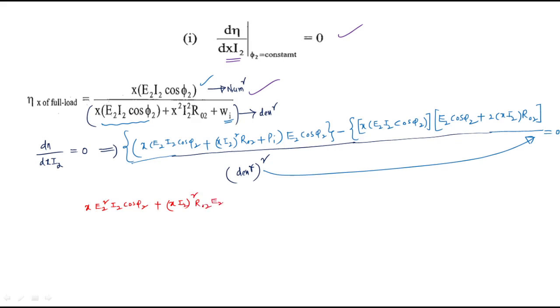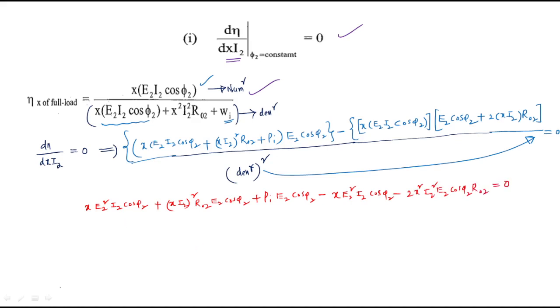r02 e2 cos phi 2 plus pi e2 cos phi 2 minus, you have to get x e2 square i2 cos phi 2 and then minus 2x square i2 square e2 cos phi 2 r02, which is equal to 0, right?